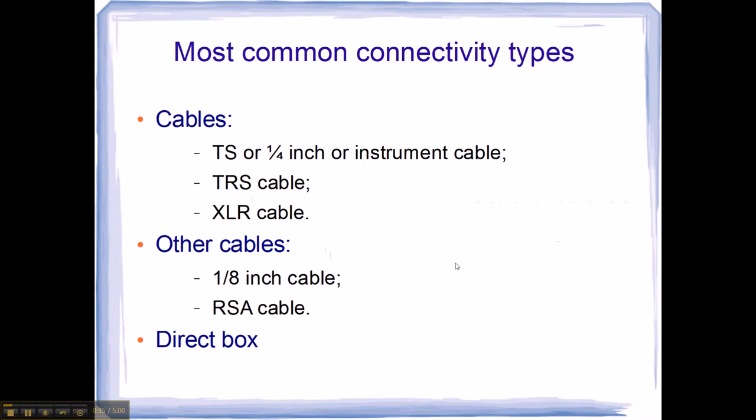Another important type of cable is TRS cable, then XLR cable, and there are less common types but also very often used: quarter-inch cable and RSA cable. And finally I'll go through a very important piece of equipment, the direct box.